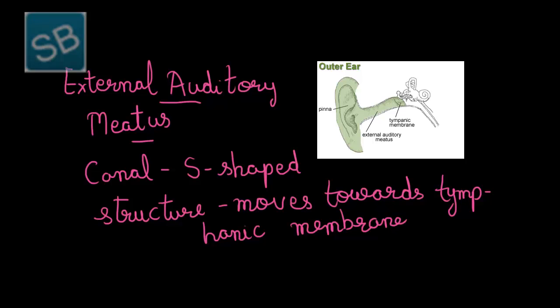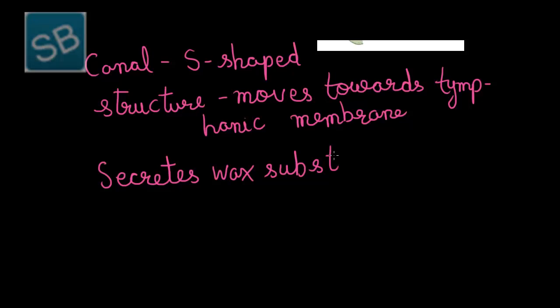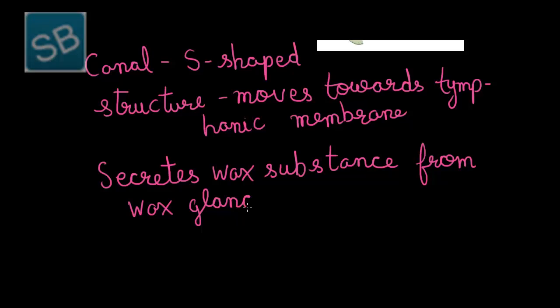This canal secretes waxy substances from wax glands. It also possesses hair-like cells which prevent the entry of dust particles.